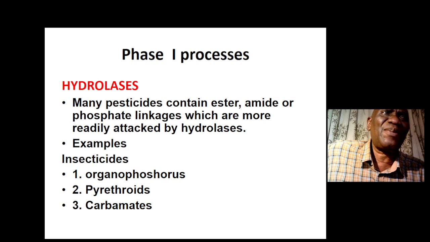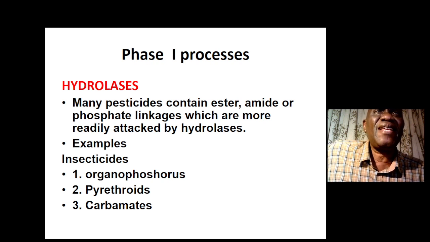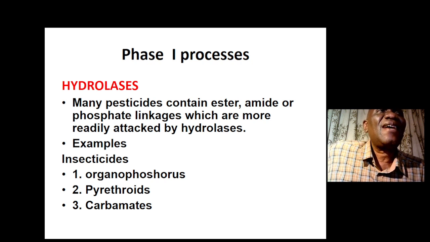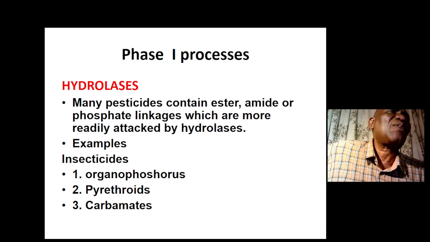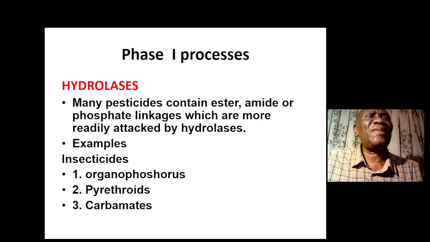Carbamates can also be broken down by hydrolysis. In fact, if the insect pest has got sufficient hydrolysis, the pesticide may fail to kill that insect. And sometimes we talk of insect pest resistance to pesticides.